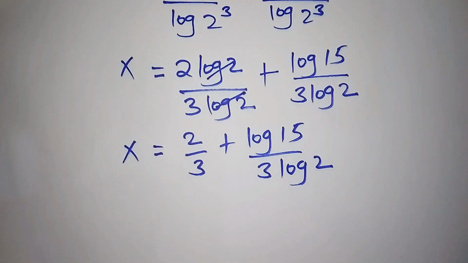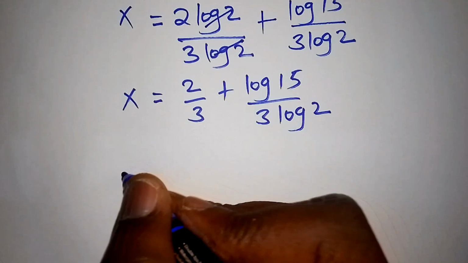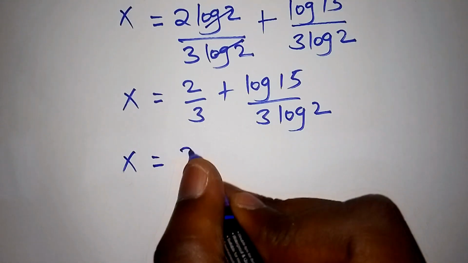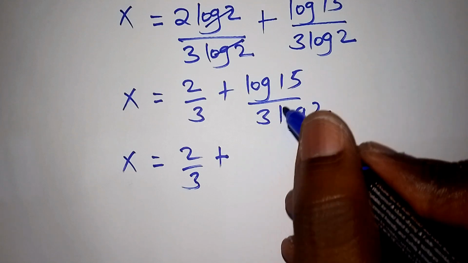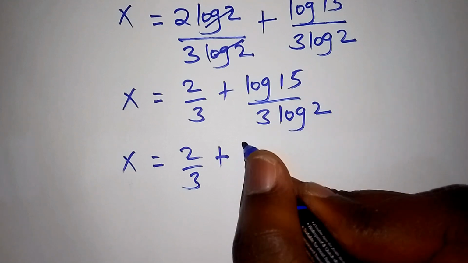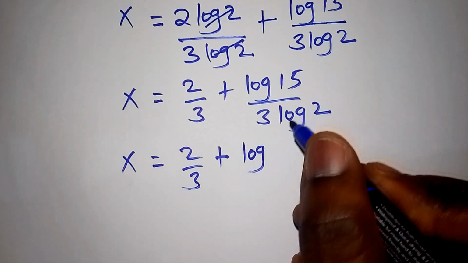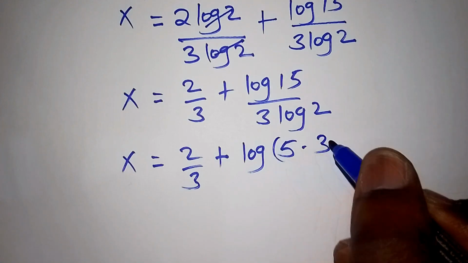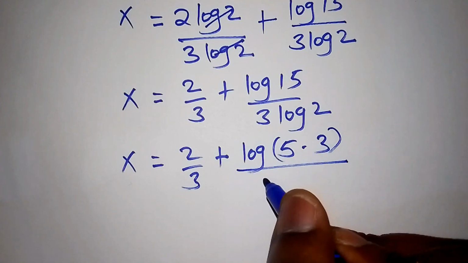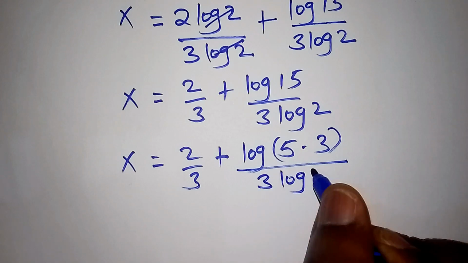So now we proceed by saying that our value for x is equal to 2 over 3 plus, when we factorize log 15, we shall have the log of 5 multiplied by 3, all over 3 log 2.